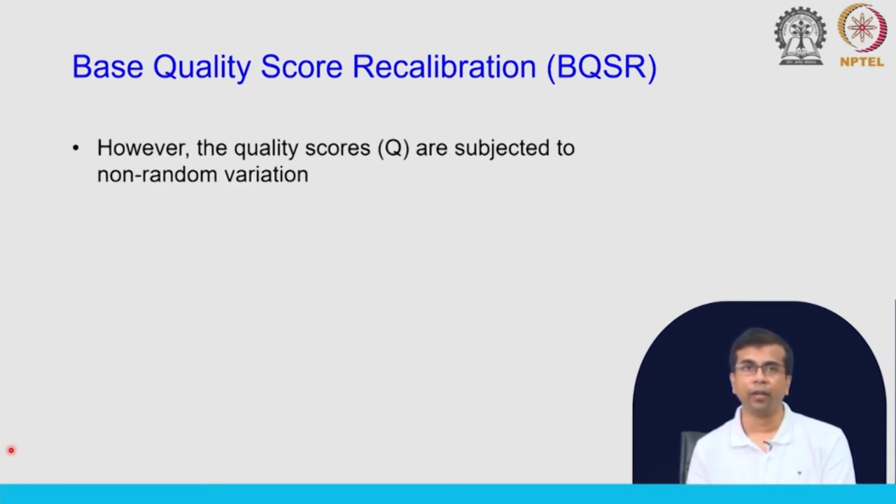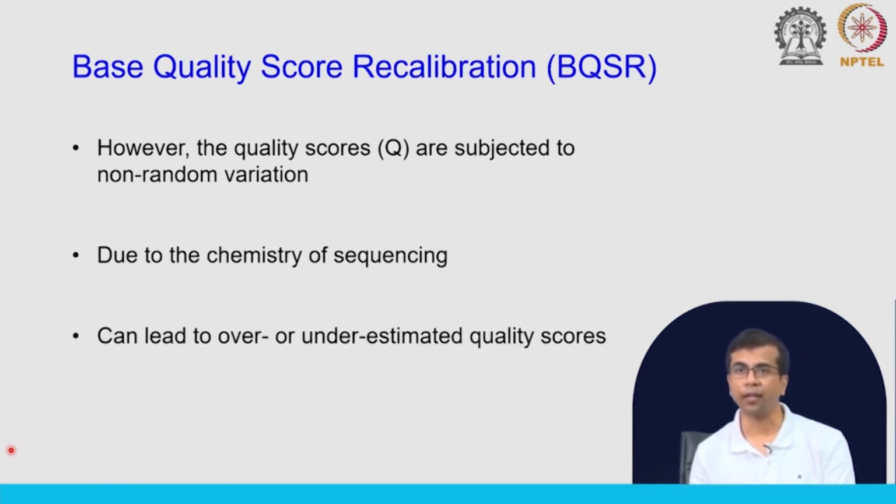But these Q scores are subjected to non-random variation, because they are generated by a specific sequencing process or chemistry. There are certain biases present, and these can lead to non-random variation, which means we are overestimating or underestimating quality scores of the bases.